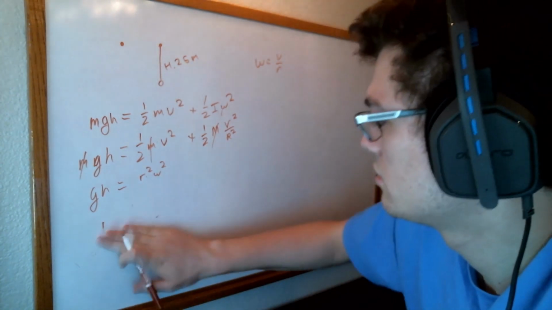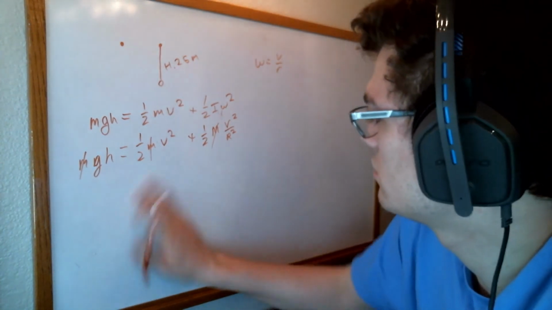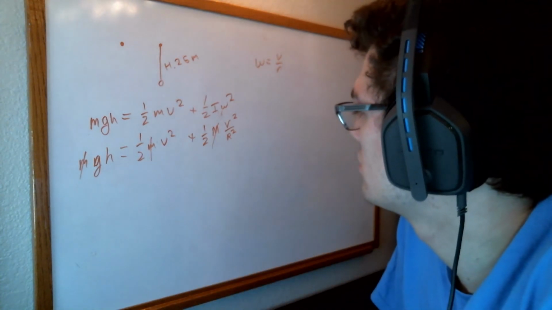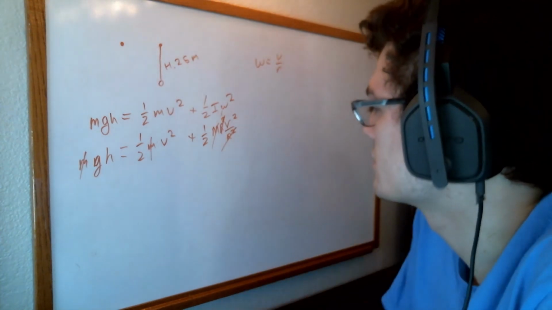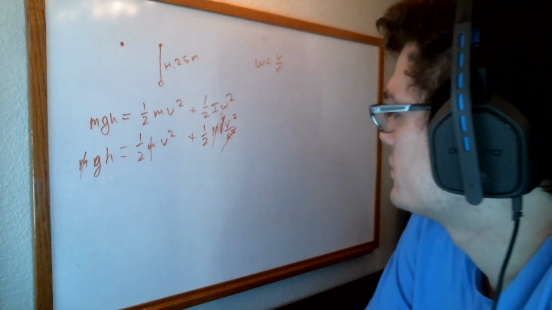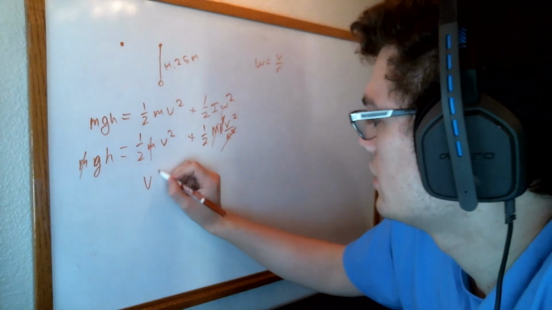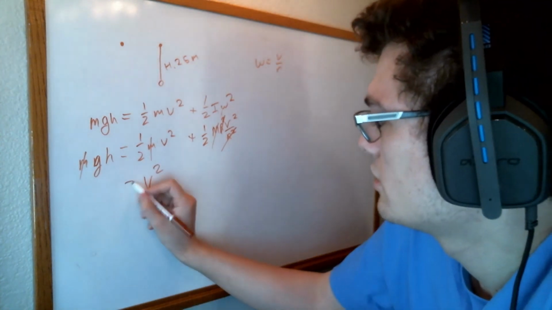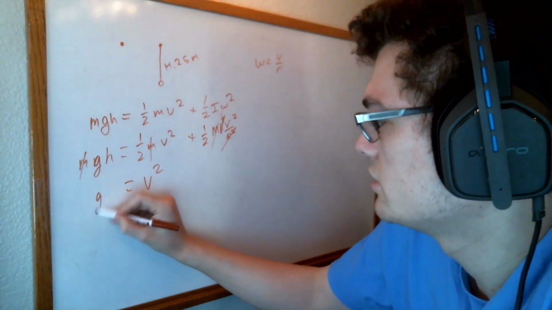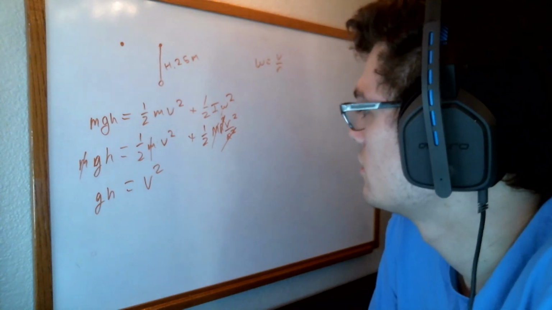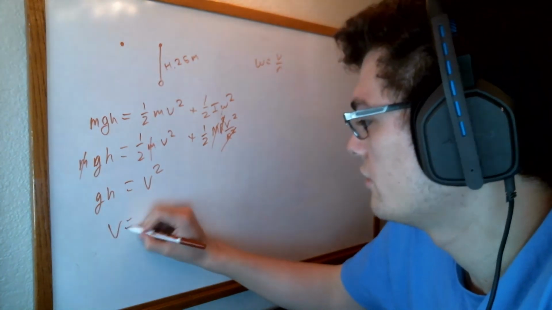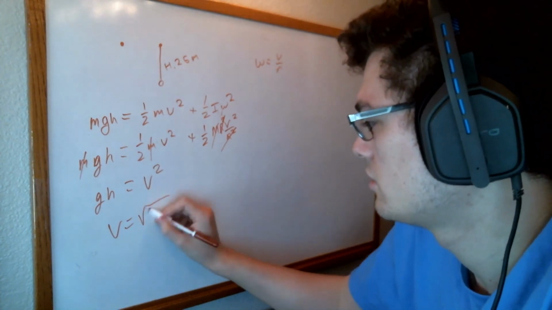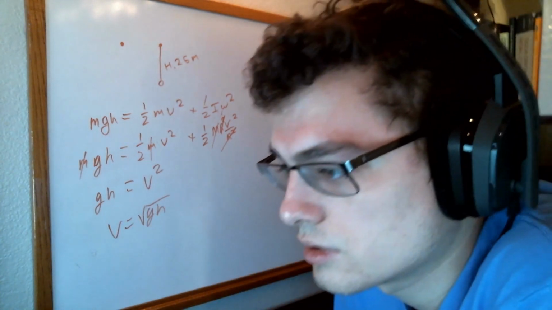So then there's an r squared here, and this one cancels with this one. And so v squared is equal to gh. And from there, we can say that v is equal to the square root of gh.